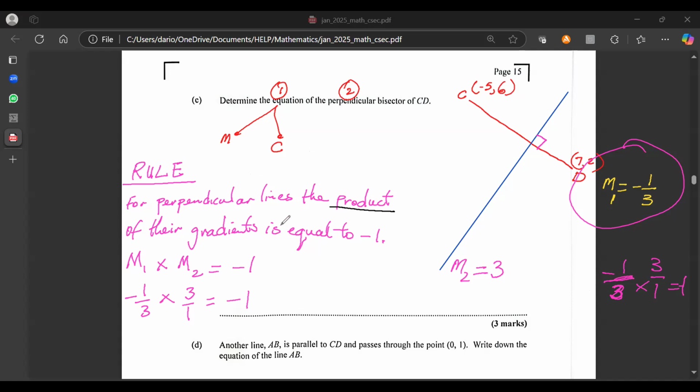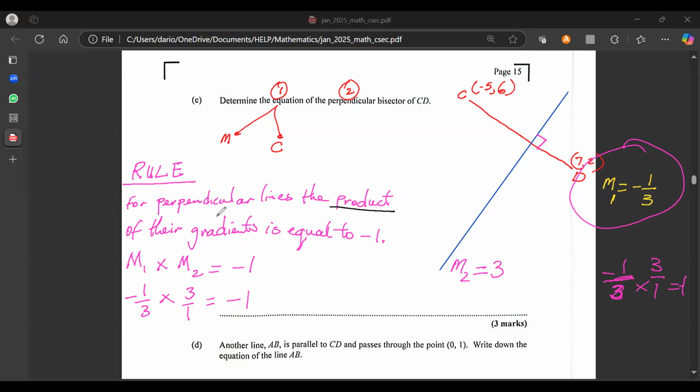How many times do I have to go over it? The gradient of the red line is -1/3. So I'm asking what is the gradient of the other line? I have the rule right in front of everybody for perpendicular lines. Vion, read the rule.